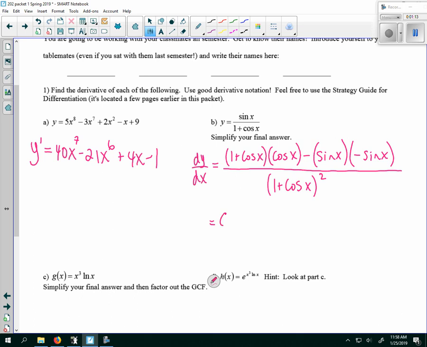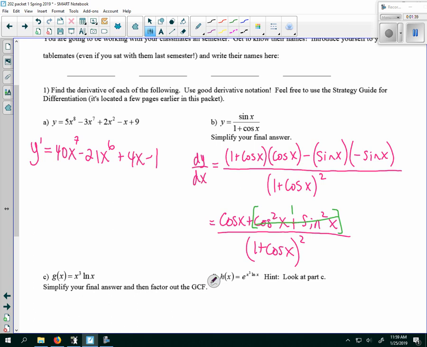So this becomes cosine x plus cosine squared x plus sine squared x all over 1 plus cosine x squared. Now, you might remember the trig identity, sine squared plus cosine squared is 1. That all just simplifies to 1.